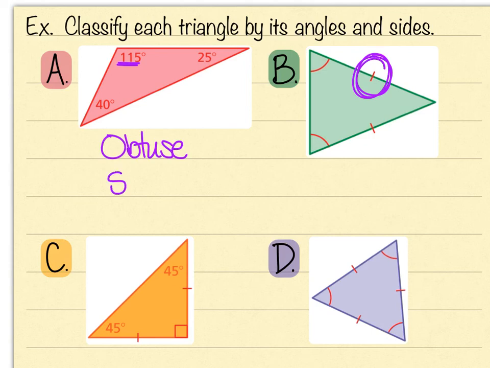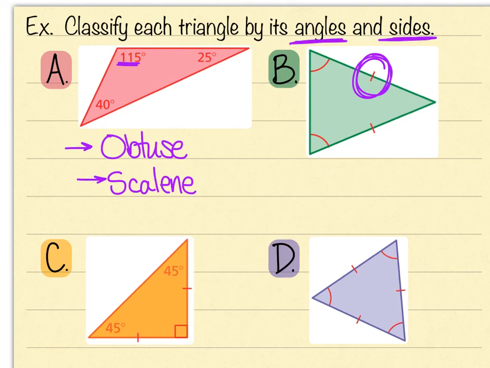So this must be a scalene triangle. Remember, scalene means no sides are equal. I have to classify it by its angles, which means acute, obtuse, right, or equiangular. And then I have to classify it by its sides, which means scalene, isosceles, or equilateral. So you have to give both words. I'm looking for two answers for each problem.